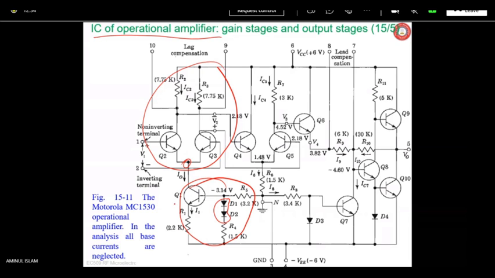This statement follows from the fact that since Q1 acts as a constant current source, IO, this current is constant. The emitters of Q2 and Q3 are floating, so far as AC analysis is concerned. Do you understand that? This point you have to remember. A constant current is not affected by the input signal and its excursion and the amplification.